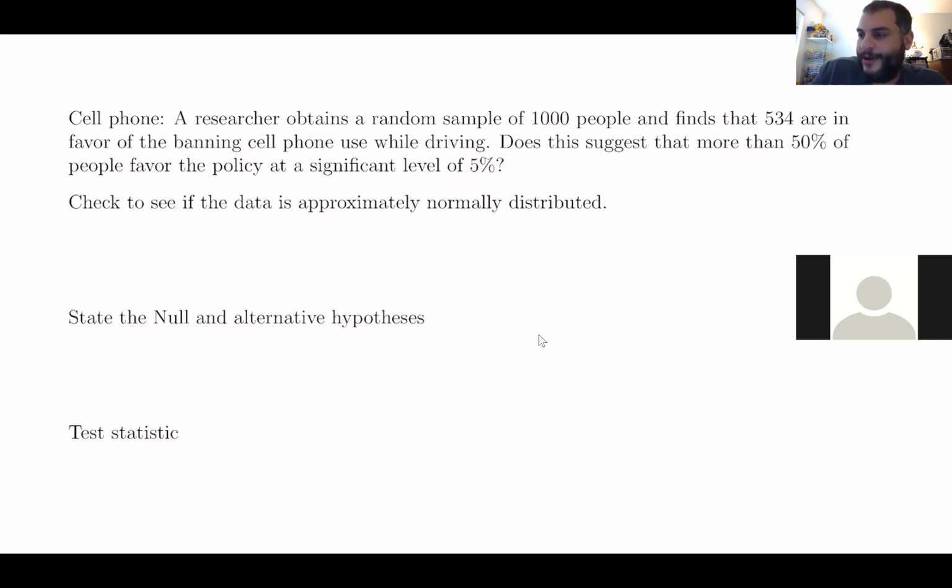We're going to label N, X, P naught, and we're also going to label alpha. So let's first label what N is.